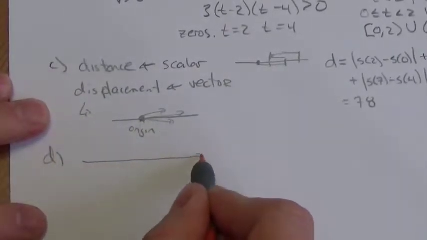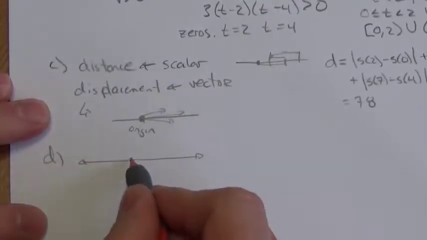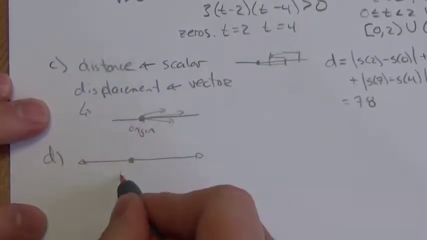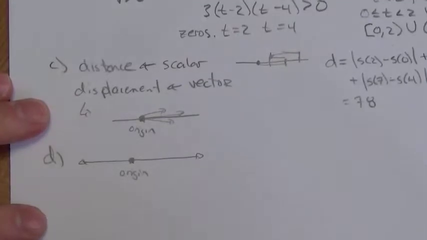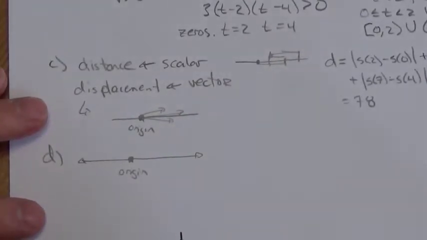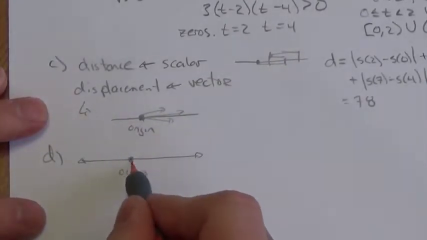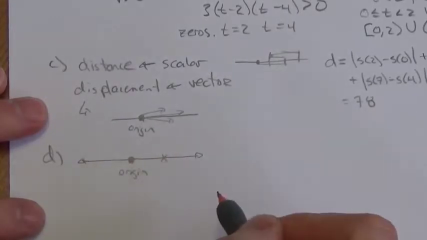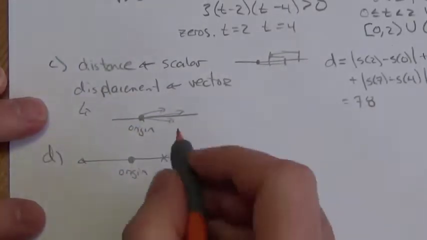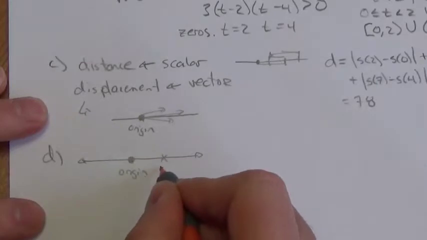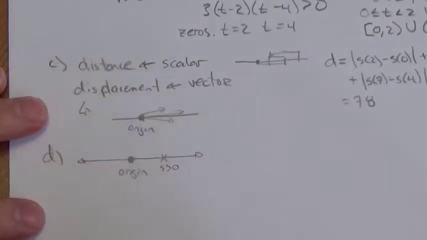So here, let's take a look at the number line. Put the origin right here. Okay. Now, let's just think about the scenario here. Let's say that for right now, here's where we're located. So I am to the right. So in this case right here, my displacement is positive.